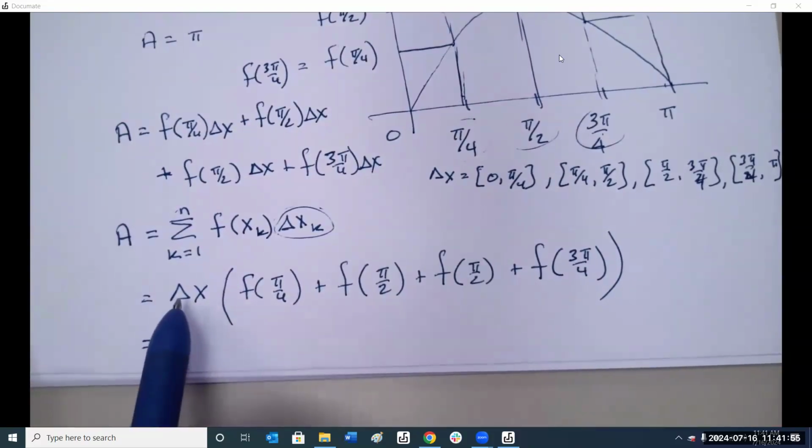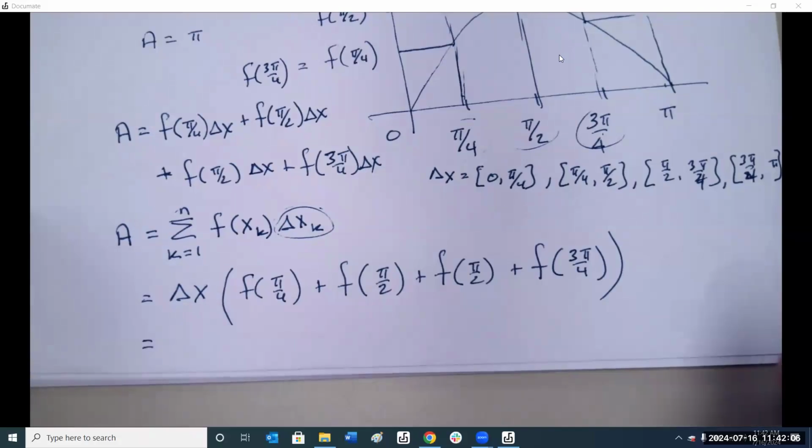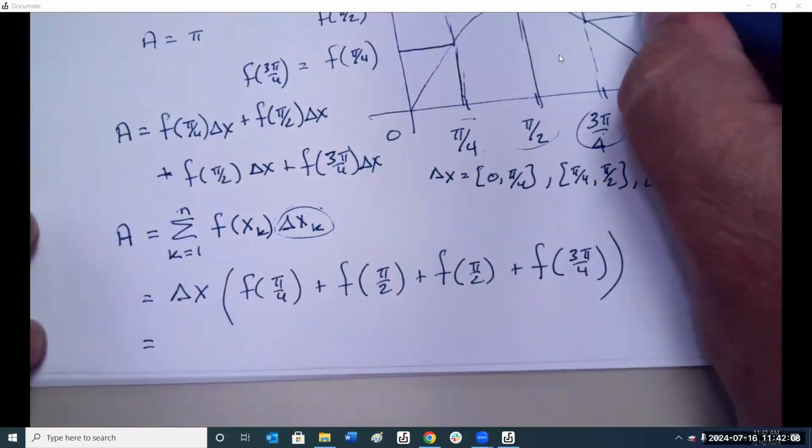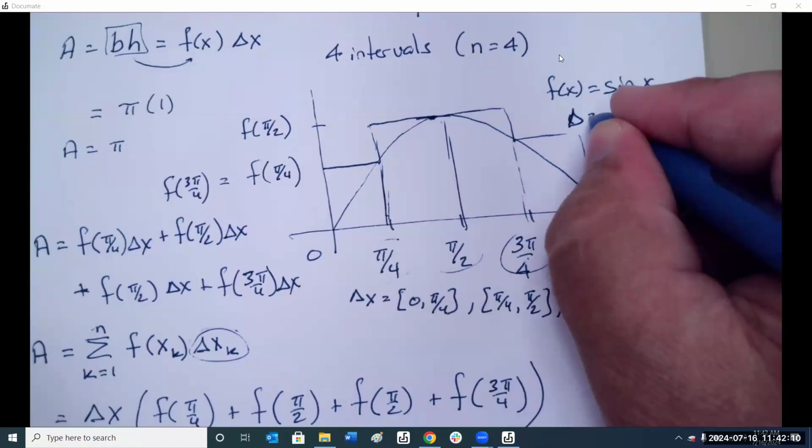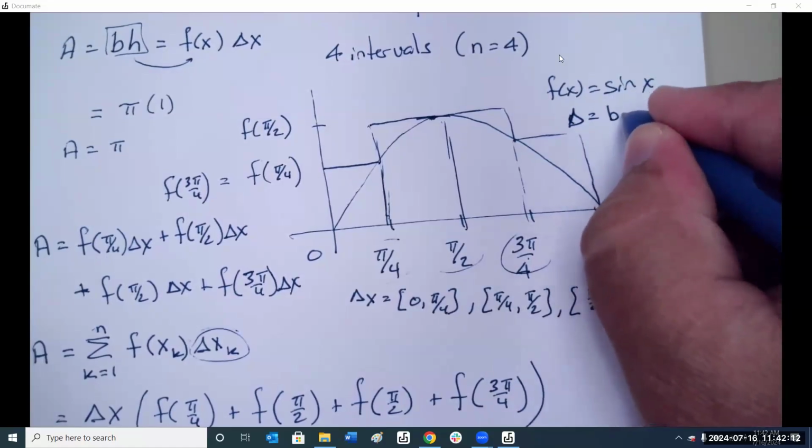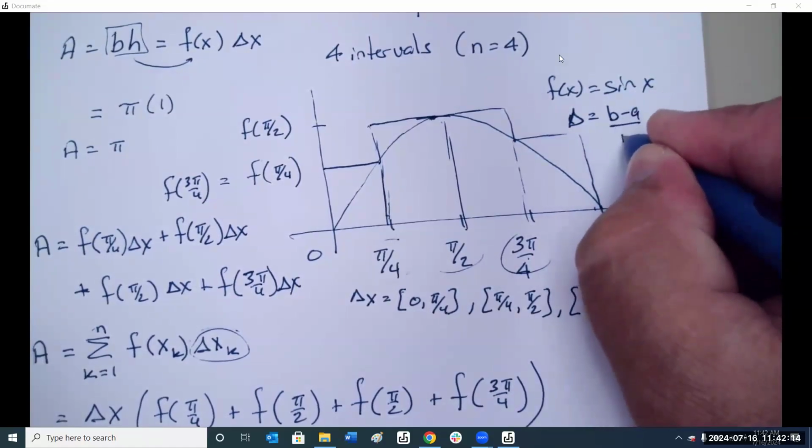So how do you find delta x? Here's the formula for delta x. It's b minus a over n.